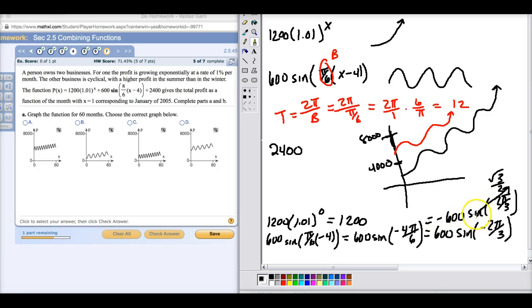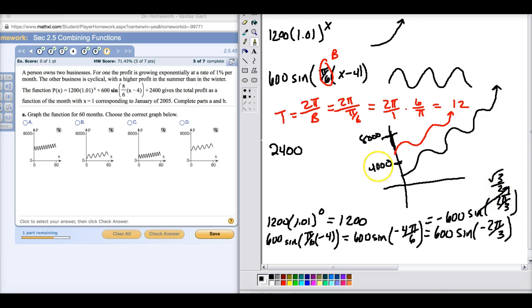So even if we would have been at, let's say, sine of 3 pi over 2, and this would have been a -1 here instead of square root of 3 over 2, adding 600 to 2400 would only get it to, let's say, 3,000 at the most. And adding another, let's say, 1,200 to that would barely get it over 4,000. So we know that this is less than 1.